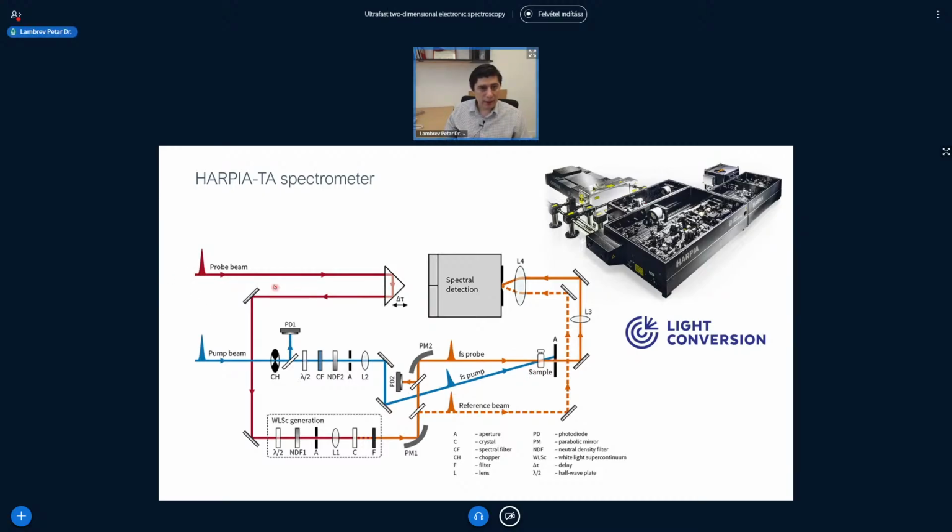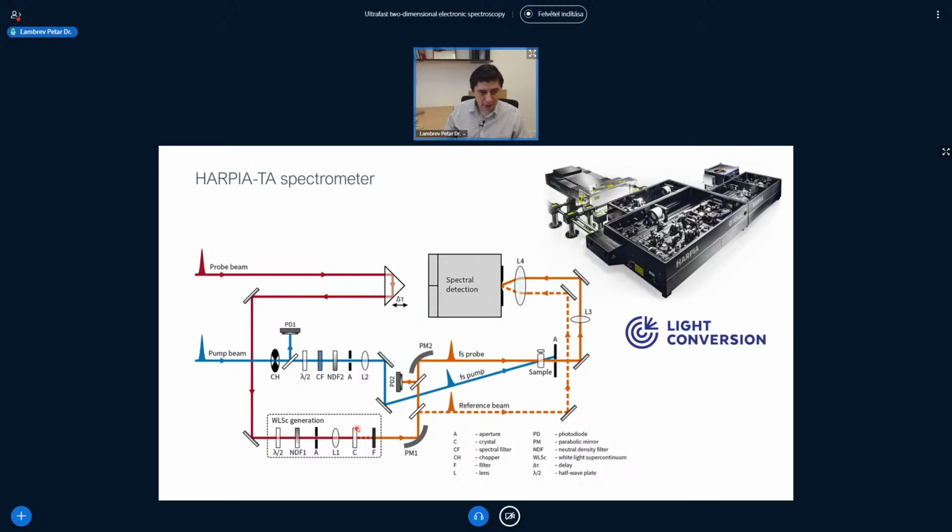The probe then is passed through a translation stage, or what's called an optical delay line, where we can vary the delay of the probe pulse relative to the pump. The probe is usually also made into white light, so that it is broadband, so that we can measure the entire absorption spectrum.